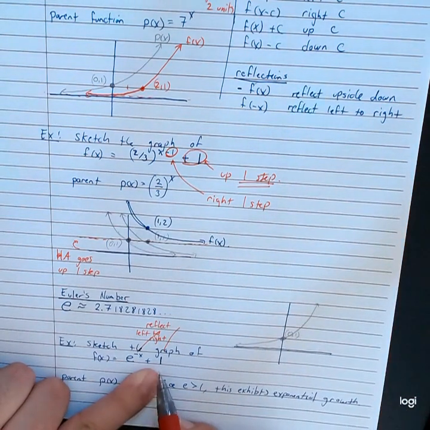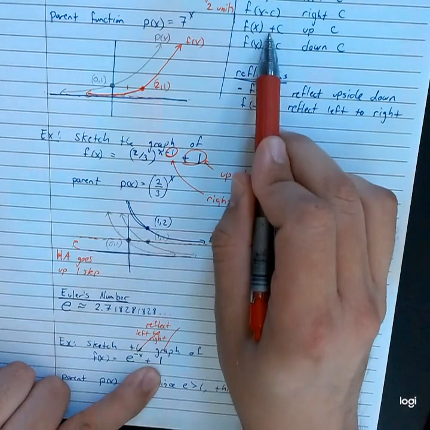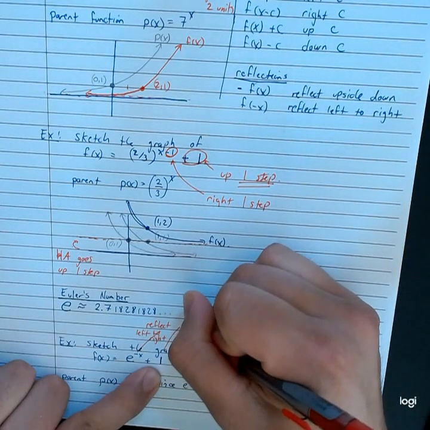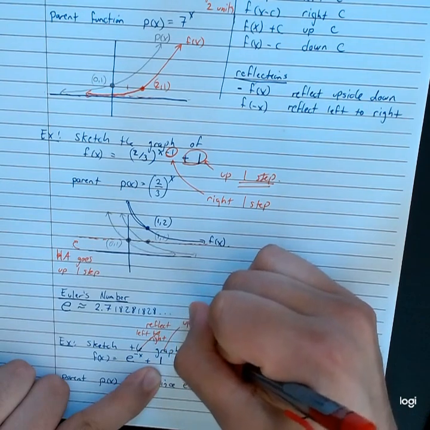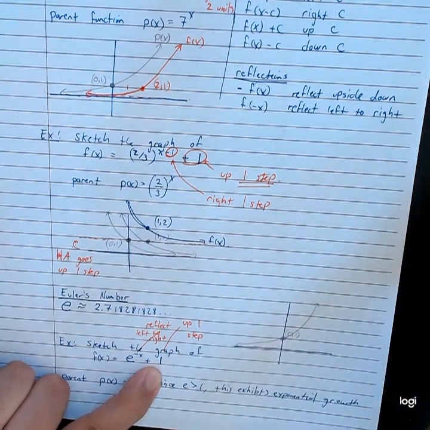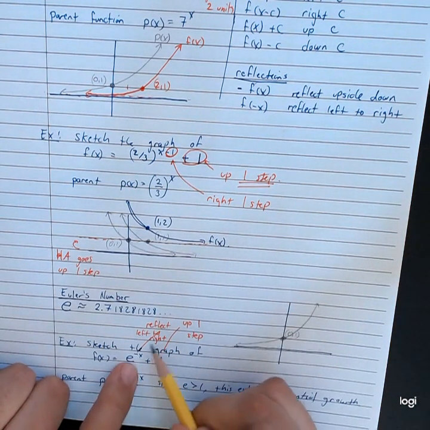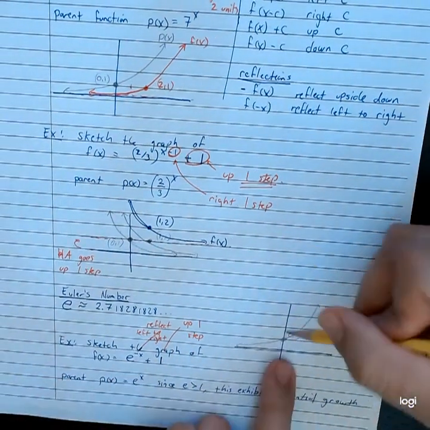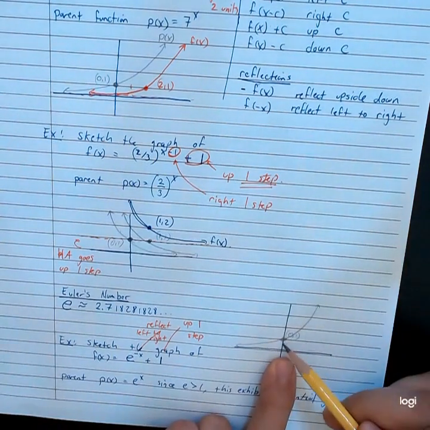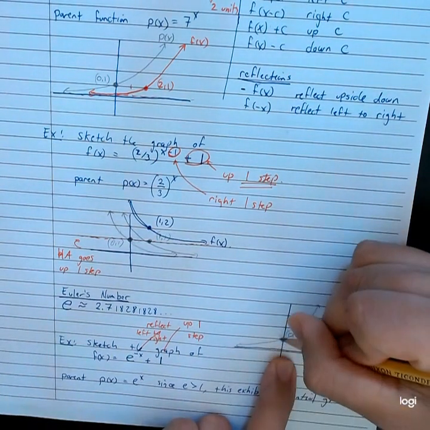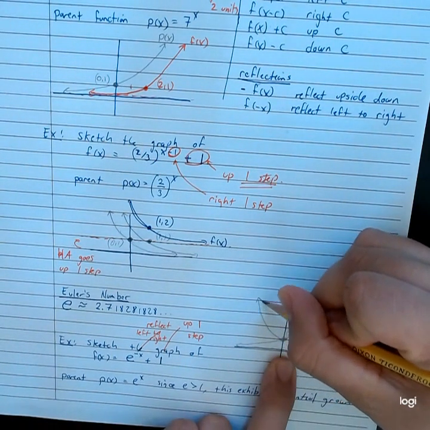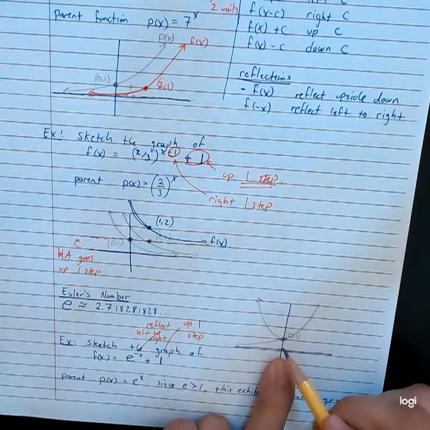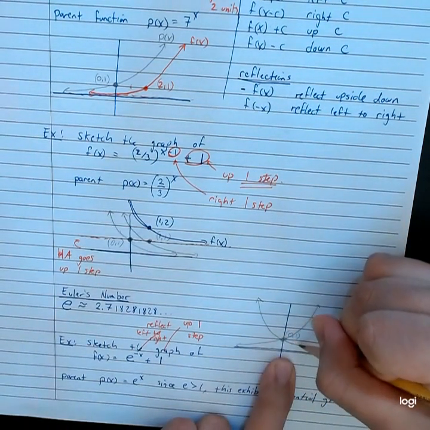I'm not just adding 1 to the x, I'm adding 1 to everything. So that's going to move everything up by 1 step. I can perform both of those transformations. Here, I'm going to reflect everything left to right, so everything that's to the right of the y-axis is now to the left, and everything that was to the left is now to the right.